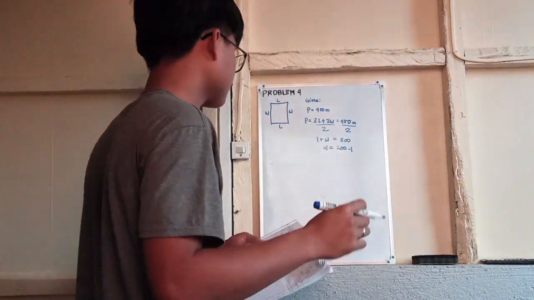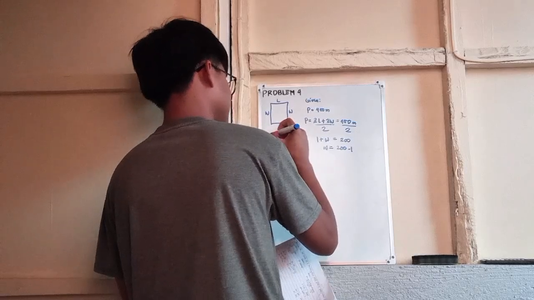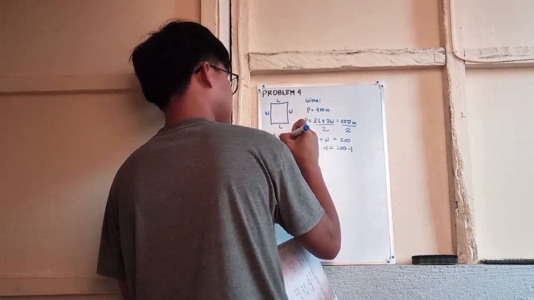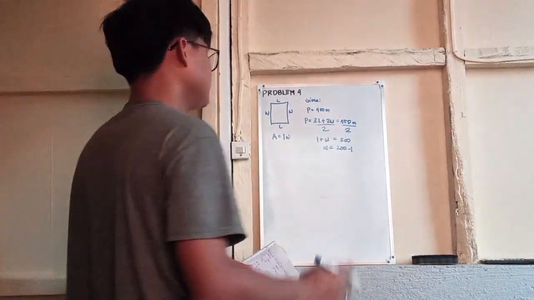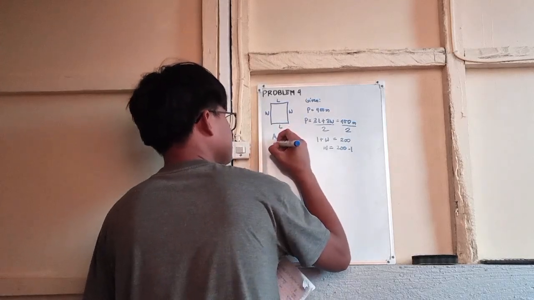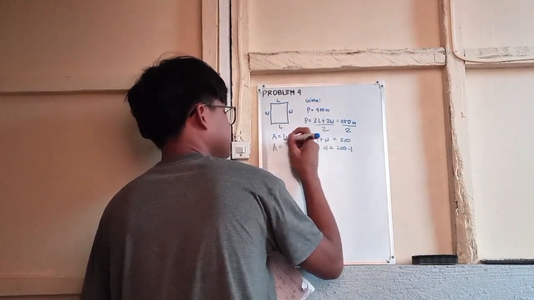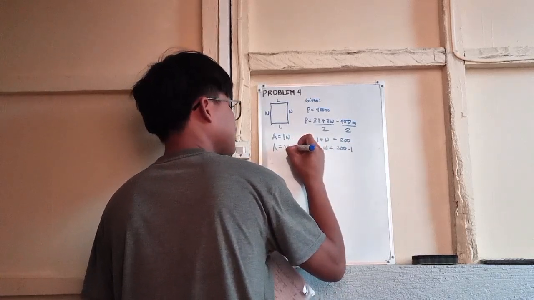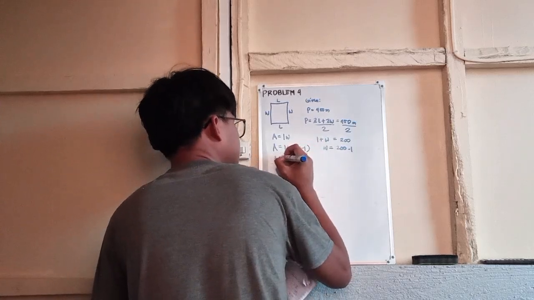Then the area of a rectangle is equal to length times width. We will substitute the width into the formula of area. So L times the W, which is 200 minus L. Then solve.